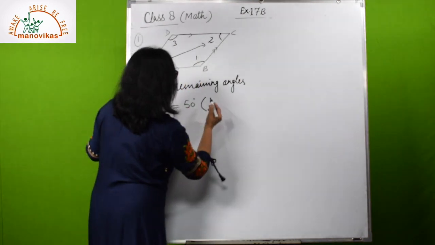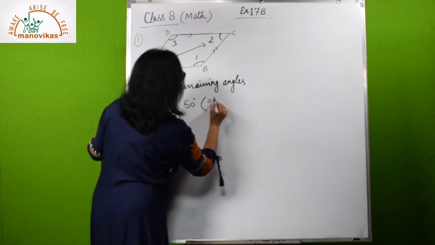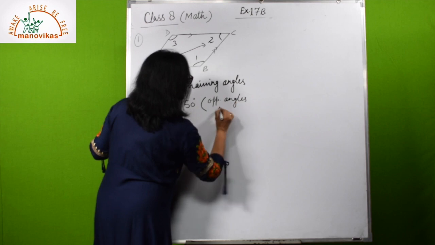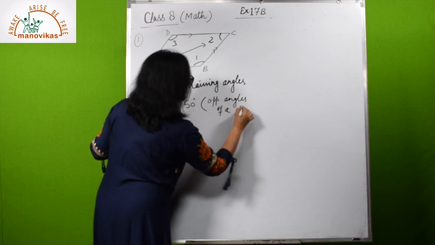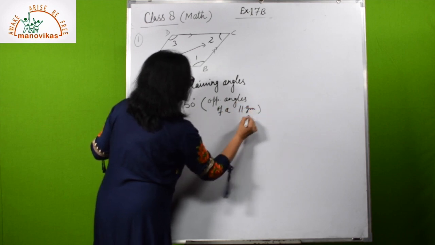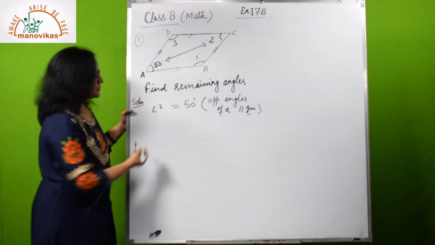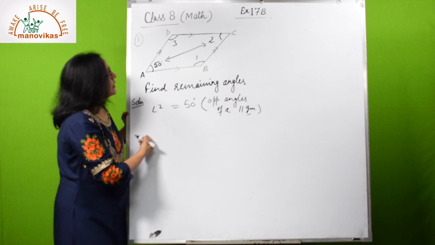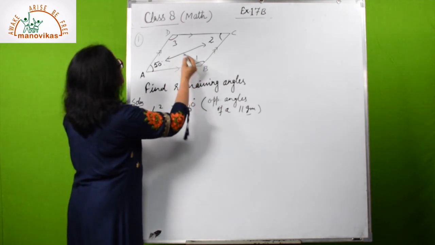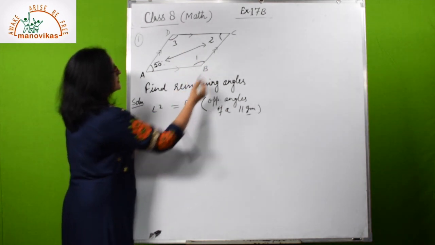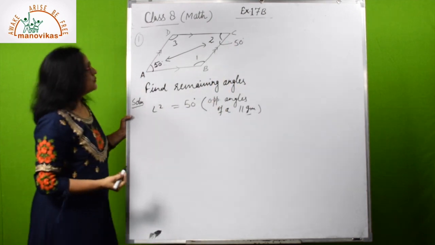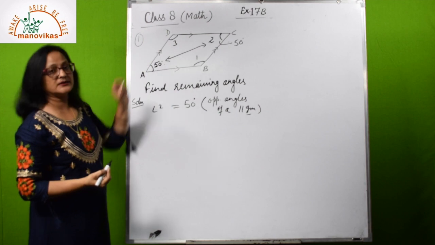That property you will write here: being opposite angles of a parallelogram, they will be equal. Now we have to find angle 1 and angle 3. So angle 2 we have found, 50 degrees. What is the measure of angle 1 and angle 3?